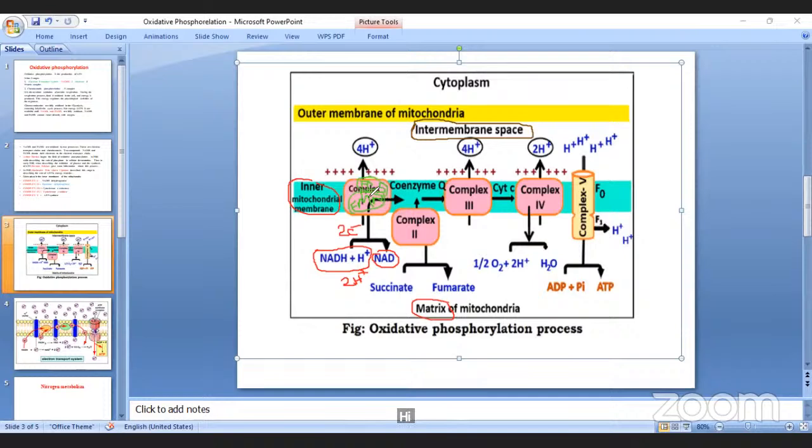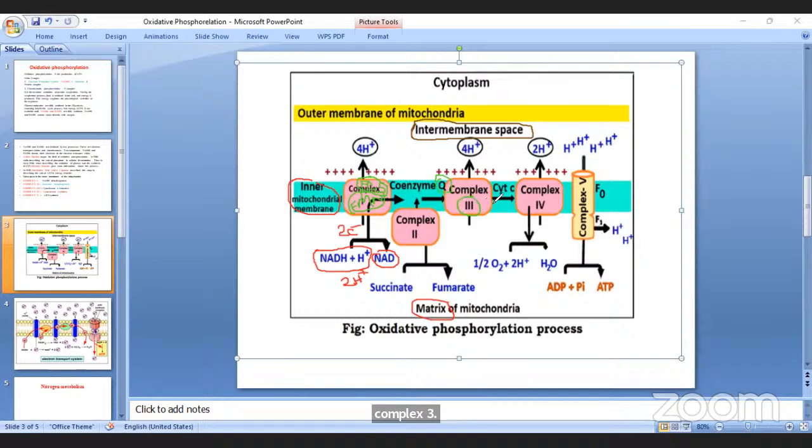From there, these electrons are sent to the quinol cycle. Here we can observe Q. From the quinol cycle, the electron is sent to complex 3.